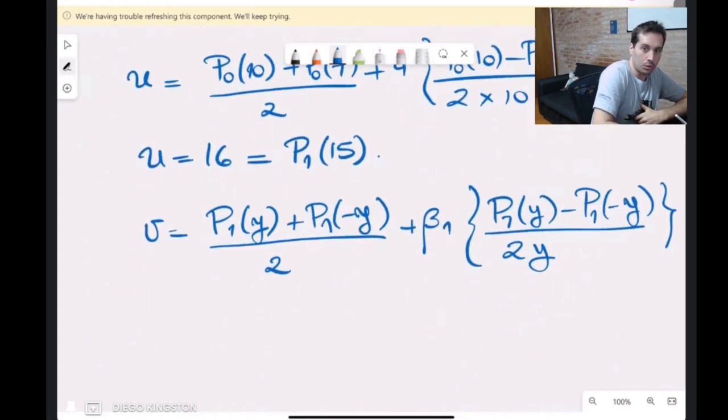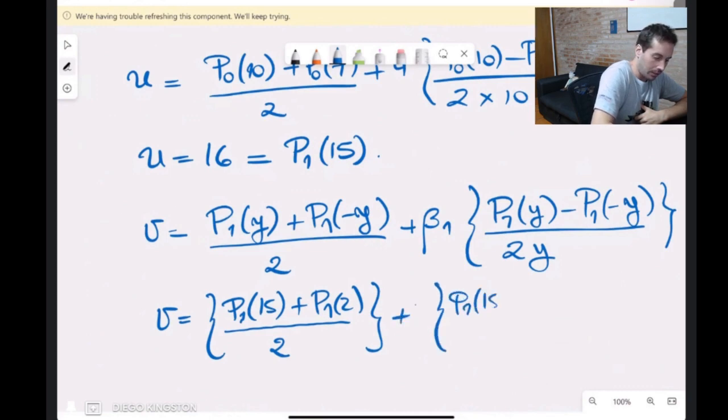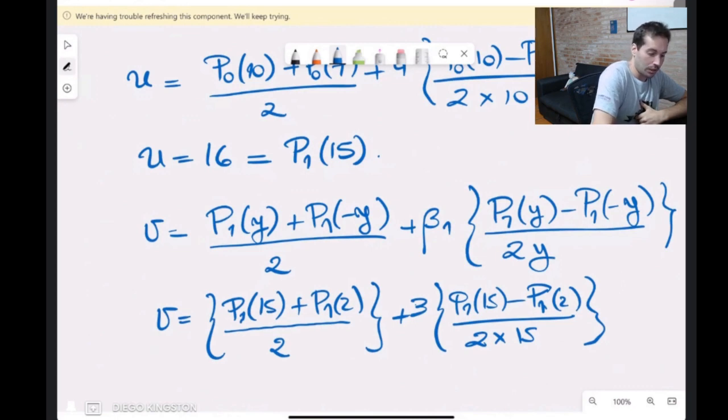And so for our case, this is simply (P1 at 15 plus P1 at 2) divided by 2, plus 3 times (P1 at 15 minus P1 at 2) divided by 2 times 15, with beta_1 being 3. And if we do the calculations, this is equal to 3.